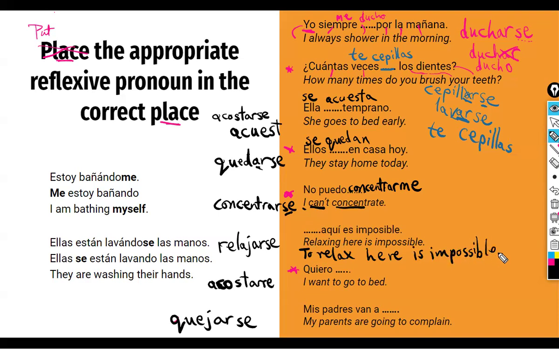There's no subject, right? There's no person doing the relaxing. So it could mean for us to relax here is impossible. It could mean for you to relax here is impossible. It could mean for anyone to relax here is impossible. So we're leaving this as relajarse.